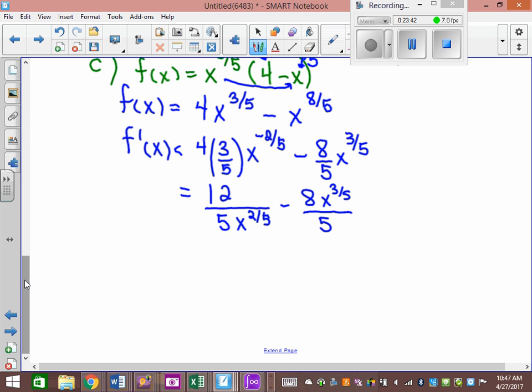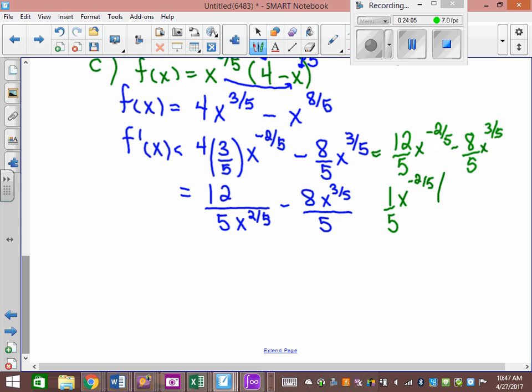So up here, we would have 12 over 5 x to the negative 2/5 minus 8 over 5 x to the 3/5. You could take out your x to the negative. I'm just showing you another way. You can pull out a 1/5 x to the negative 2/5. Here, I'll do a common denominator on the other one.